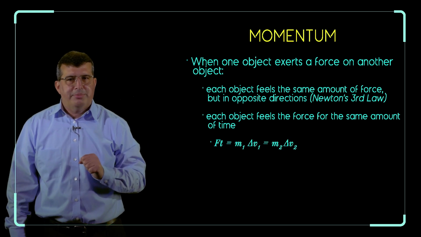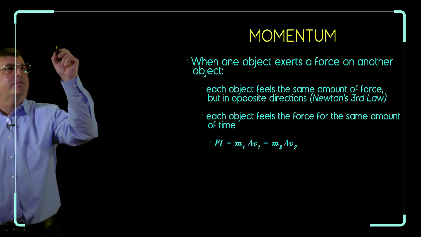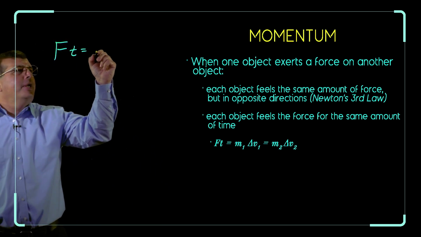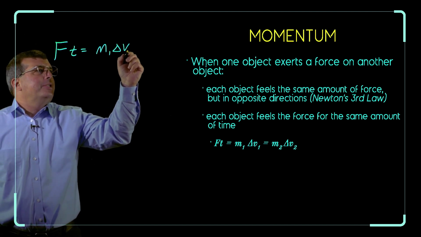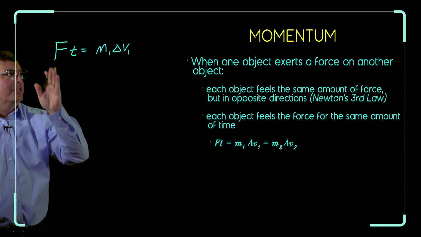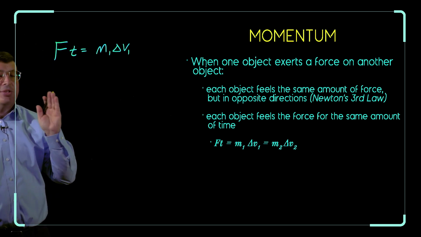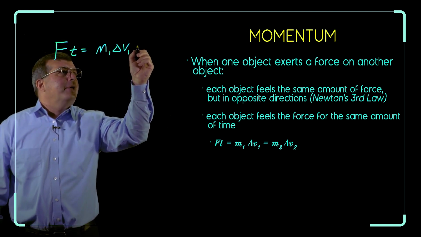So for both objects, I can write that force times time is equal to the mass of object 1 times the change in speed of object 1, because force times time is equal to change in momentum. But the second object also feels the same force for the same time.